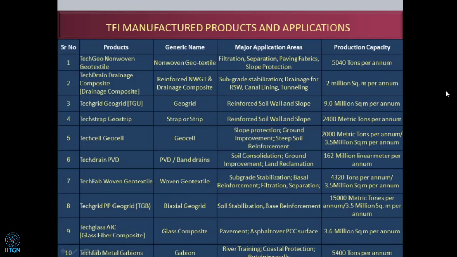Then the glass composite is one of the products used for overlay applications. Whenever you have an existing pavement and want an overlay, you can use this composite. It's a glass fiber product, because glass fiber yarns are knitted over the non-woven geotextile. That is the product used for overlay applications.